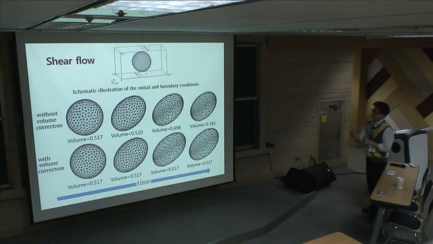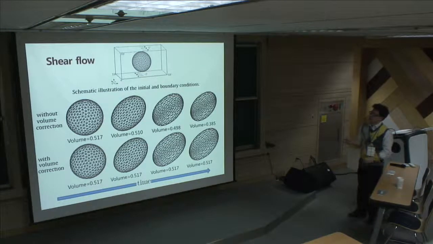So this is the illustration of the mass conservation, the volume correction. We put the drop and apply the shear flow, and then during the computation, the mass shrinks. We lose the mass. However, if we use the mass correction, we can preserve the mass.